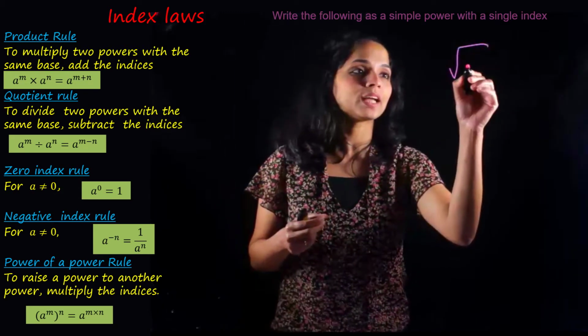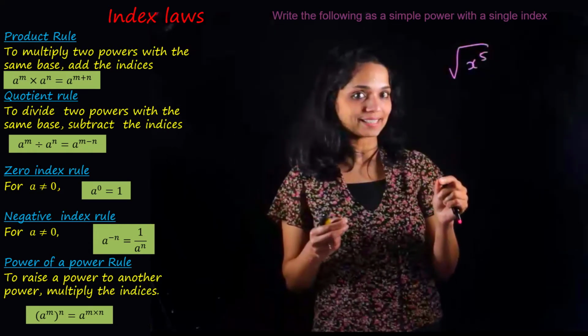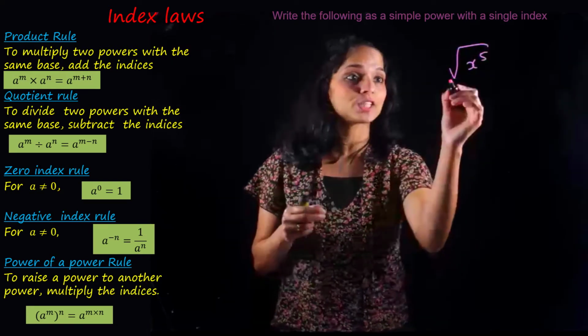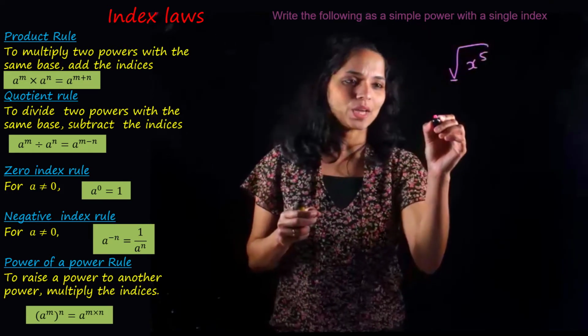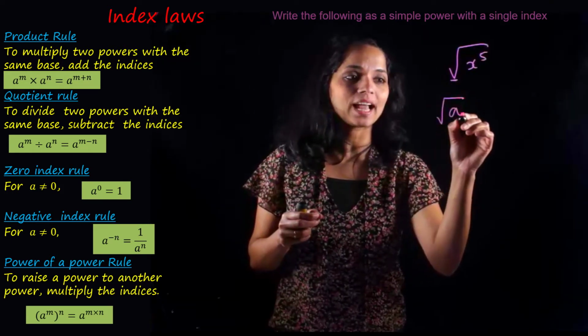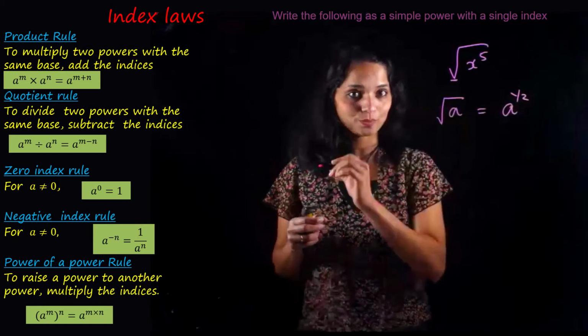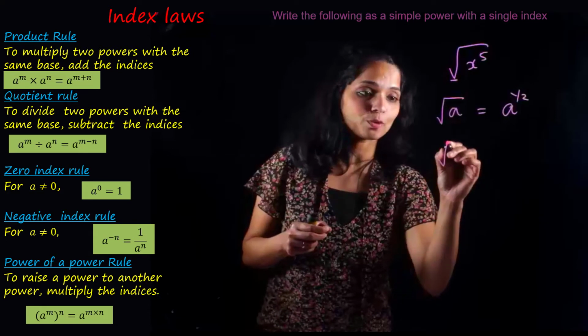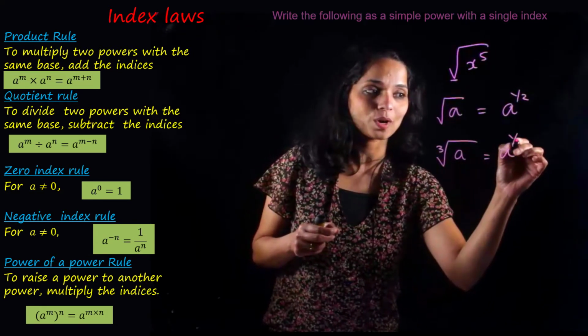Write root x to the power 5 as a simple power having a single index. The first thing we should do is to get rid of the square root. How can we do that? We know that root a is nothing but a to the power 1 on 2. Cube root of a is a to the power 1 on 3.